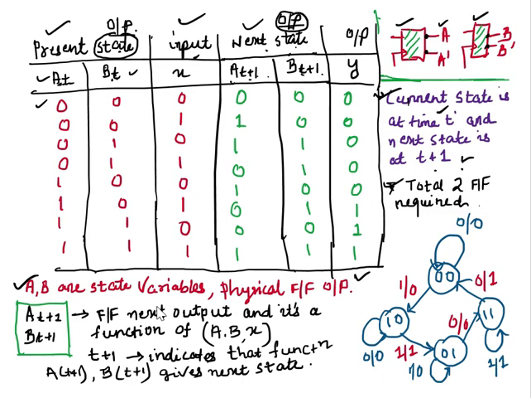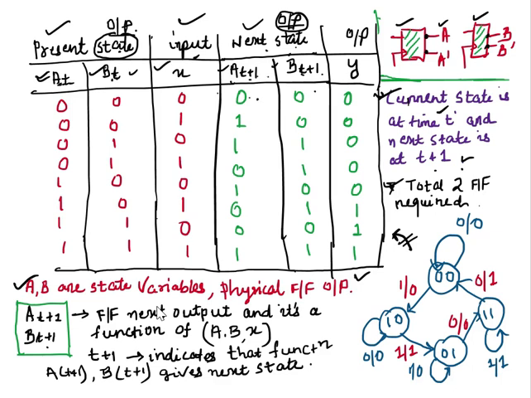And this is my finite state machine diagram, and this is the truth table or state table for this finite state machine. Here A(t+1) and B(t+1) are functions of A, B and the input.